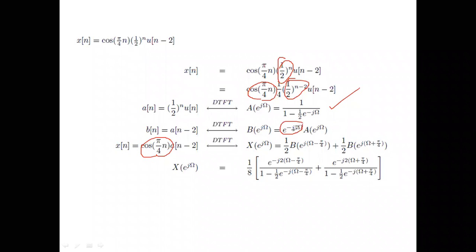See, now you have e to the power minus j 2 omega, right? Now if I multiply this by e to the power j pi by 4 n, multiplication by an exponential in the time domain results in a shift in the frequency. You can see omega is being shifted here. You can see the omegas are being shifted, hence you get an answer.